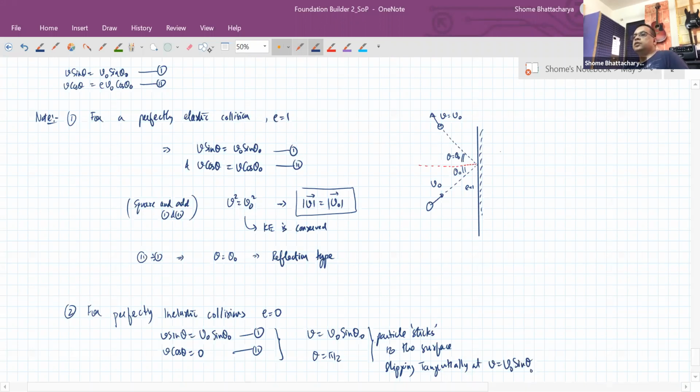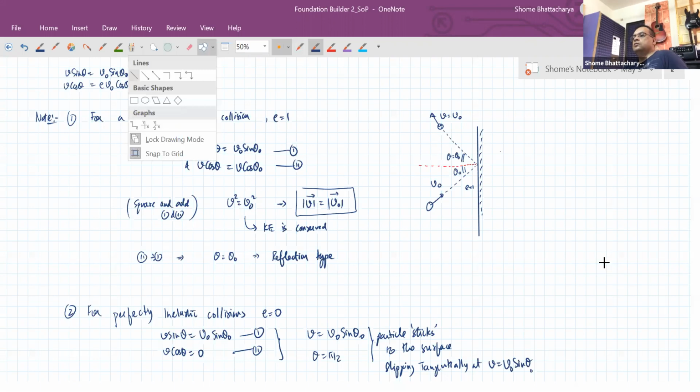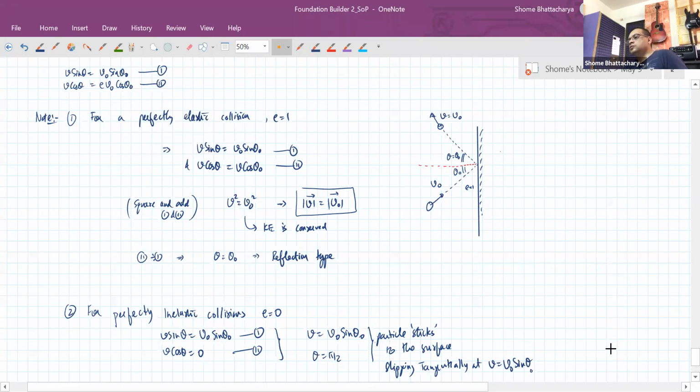So this is how that situation looks. Now immediately after impact, it's stuck here and moving with this V. So this angle becomes 90.